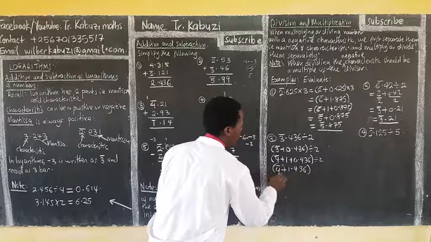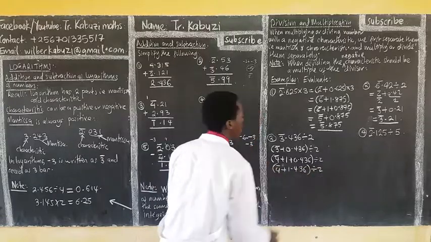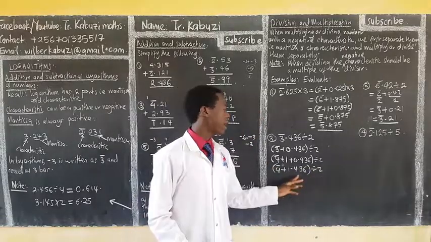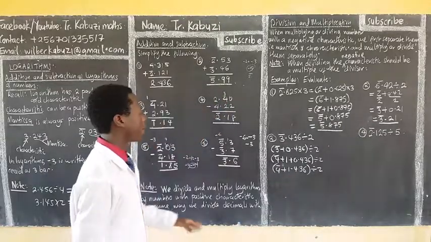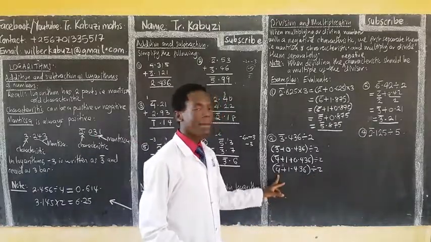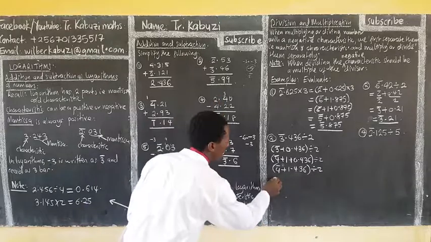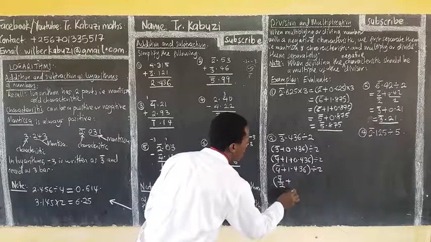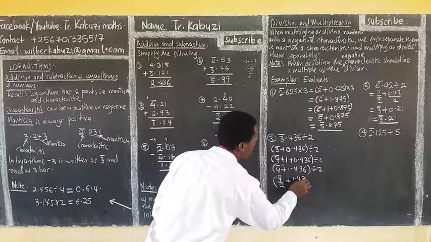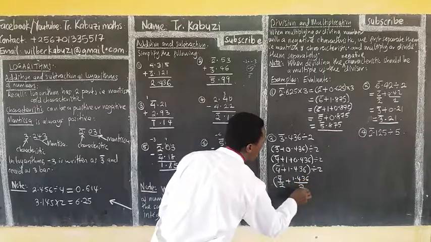Now I'll be adding 4 bar plus 1.436 divided by 2. If you are dividing this which is positive, you can divide it normally, and this one you divide by this also. So this will be 4 bar divided by 2, plus 1.436 divided by 2.